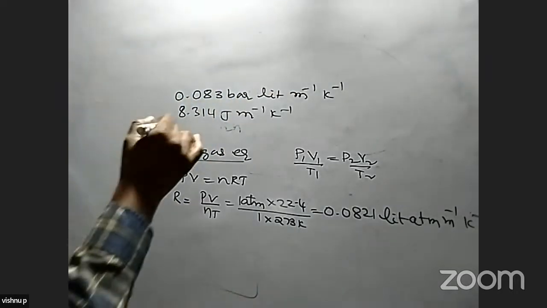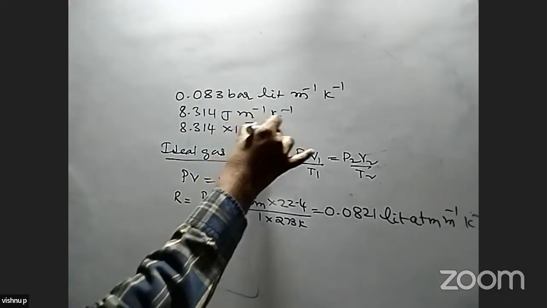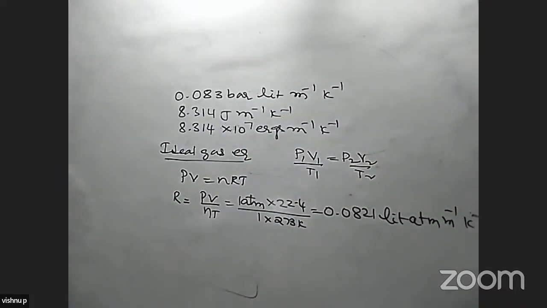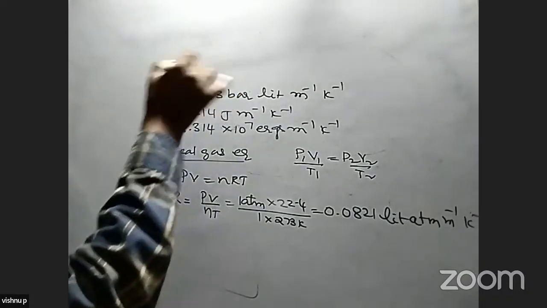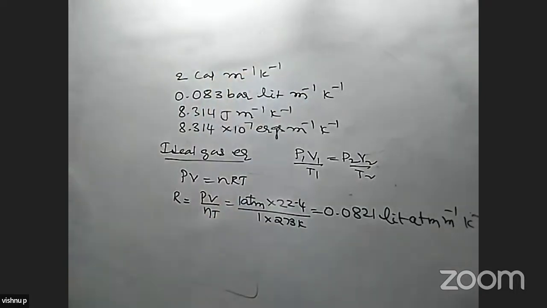We know 1 joule is equal to 10 to the power of 7 ergs, so we write 8.314 into 10 to the power of 7 ergs per mole per Kelvin. Or 2 calories, 1.987, or we can write 2 calories per mole per Kelvin. So these are the different units of the R value.